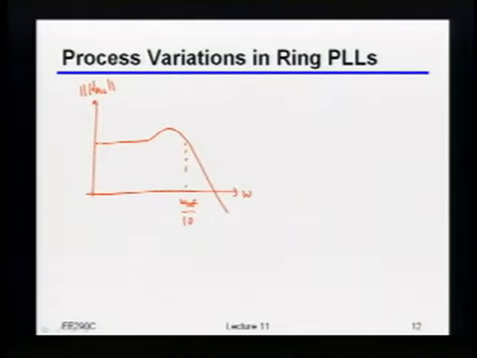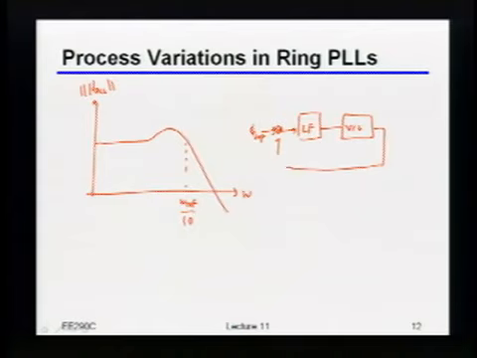I'll give you a hint. The way I got this bandwidth was by saying I had a phase detector, some loop filter, and then I went through some VCO. KVCO also varies, and in fact, it can vary a lot.